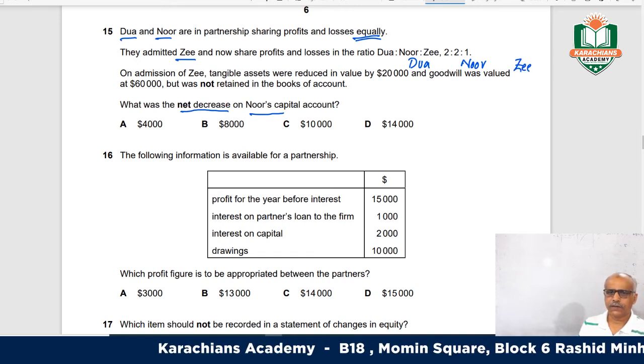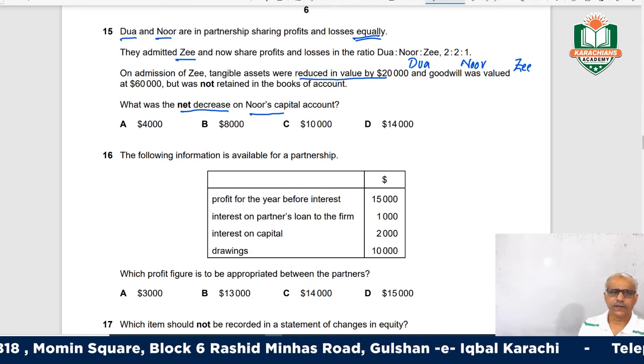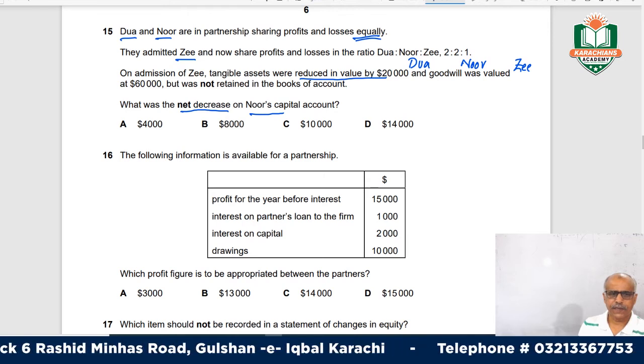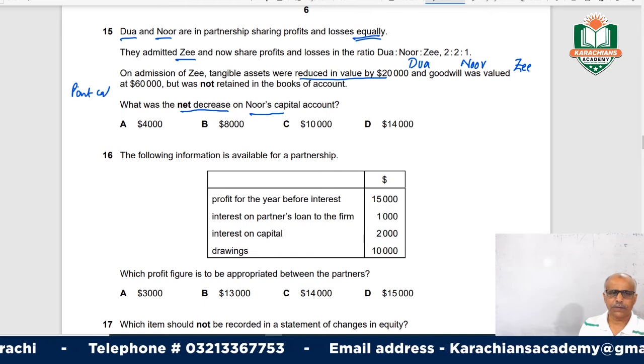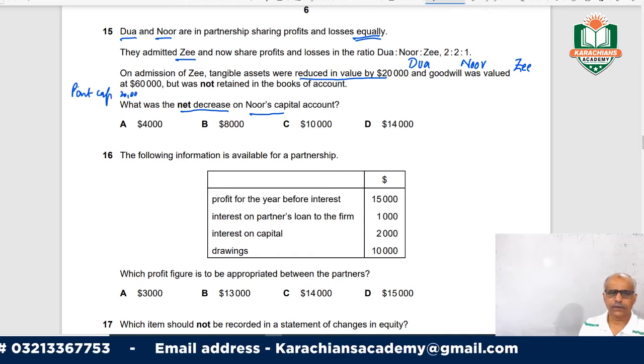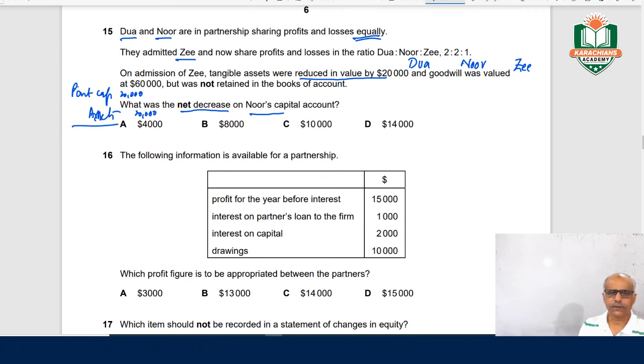When there is a reduction in the assets, what will happen? The partners' capital, 20,000, will be debited and 20,000 assets will get reduced.